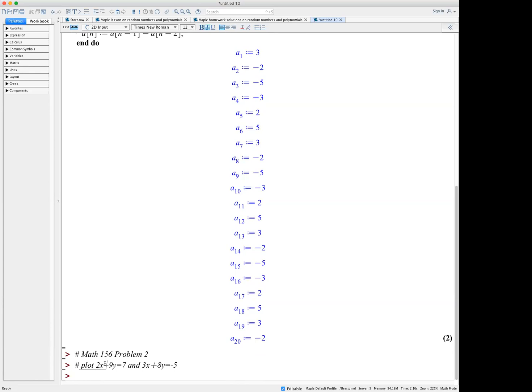So one thing you can do is solve each of these equations for y. You could solve the equation 2 times x minus 9 times y equals 7 for y.